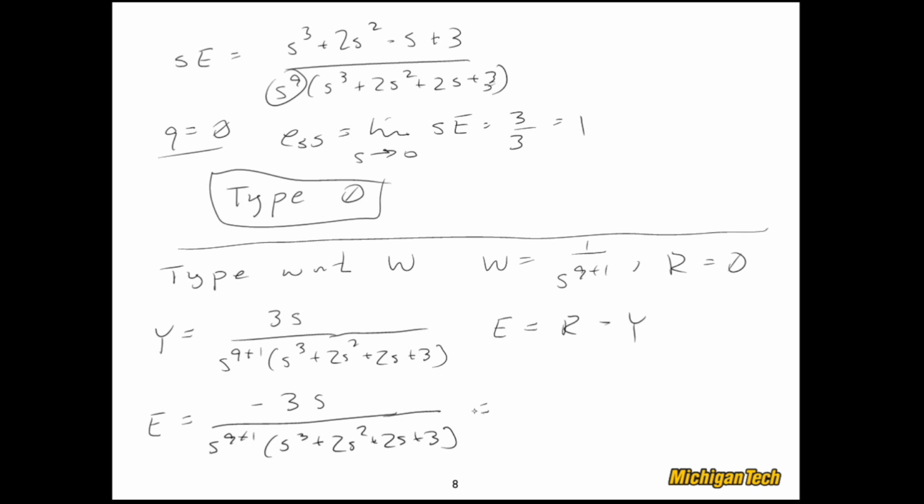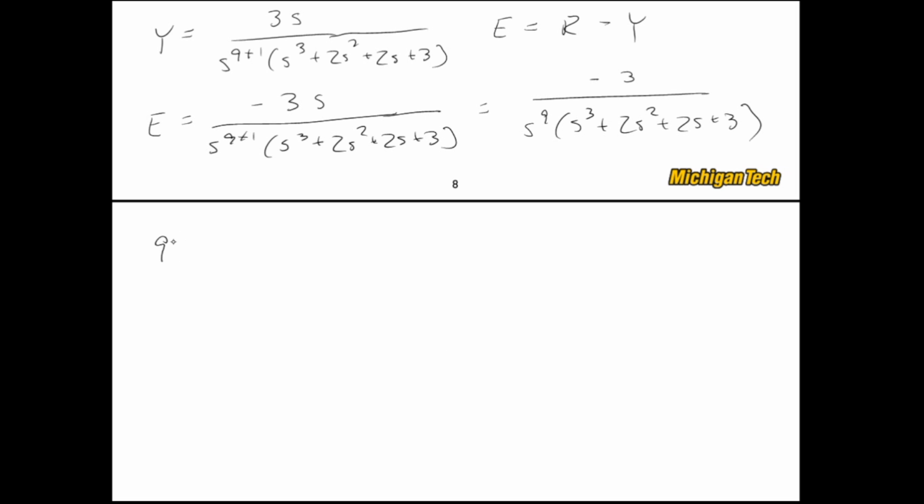And I can simplify this, so I'll have negative 3 over s to the q, s cubed plus 2s squared plus 2s plus 3. And now I can go ahead and do my final value theorem work.